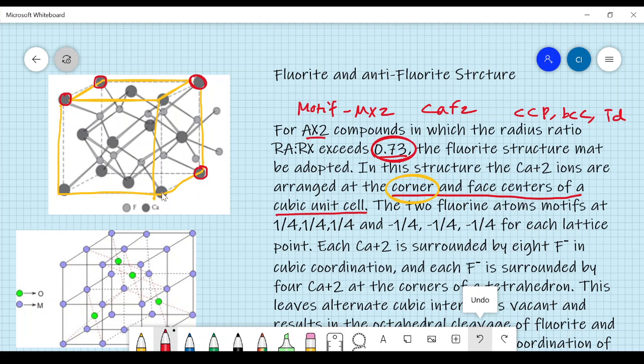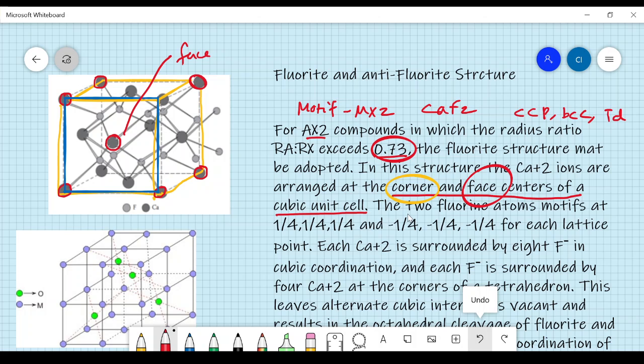These are the corners there. And we consider one thing as a face. This is a particular face, and the center of a particular face we call the face center. That is mentioned there: face centers of a cubic unit cell.